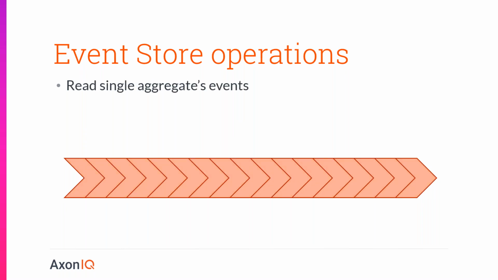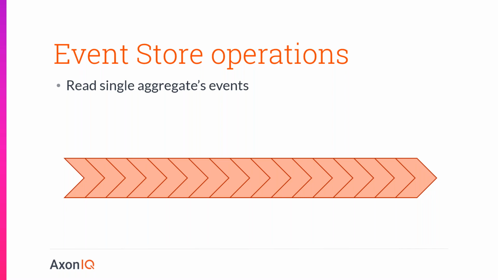But another one often overlooked is that you need to be able to read the events of a single aggregate. So aggregate is a DDD concept, domain-driven design concept, and basically it's your logical unit of consistency in an application.